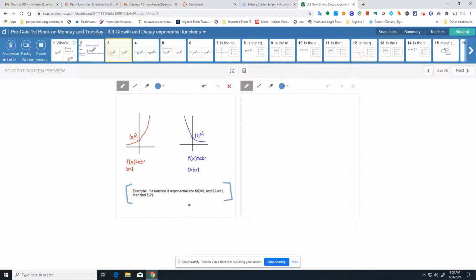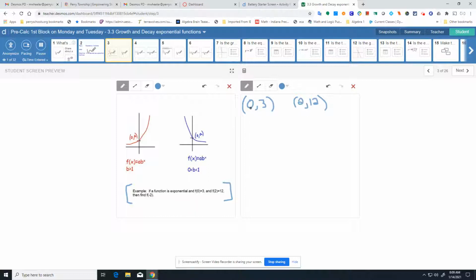If a function is exponential and f of 0 is 3, and remember that's just a fancy way of saying the ordered pair, and f of 2 equals 12, so my input is 2, my output is 12, then we want to find f of negative 2. Okay. Well, what's nice here is they're giving me the intercept.